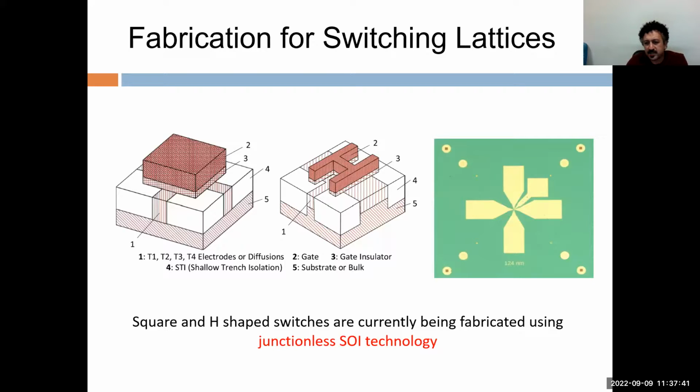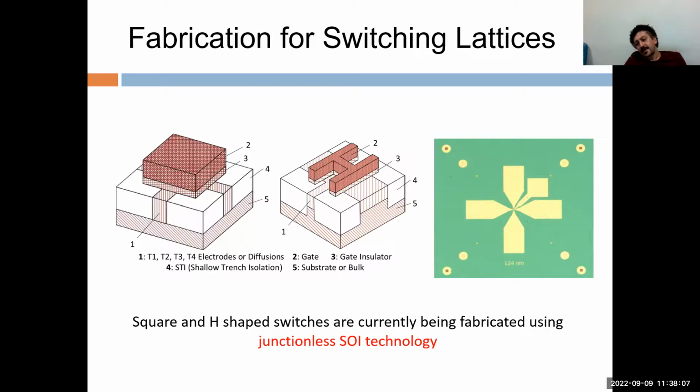Because the 4-terminal switch is new. And what is the solution? Okay, let's fabricate them. For example, this H type and the square type, you cannot implement using CMOS. Okay, let's fabricate them by ourselves. We started these fabrications before the pandemic and are still working on this. We have some good results, some bad results, because fabrication is challenging.